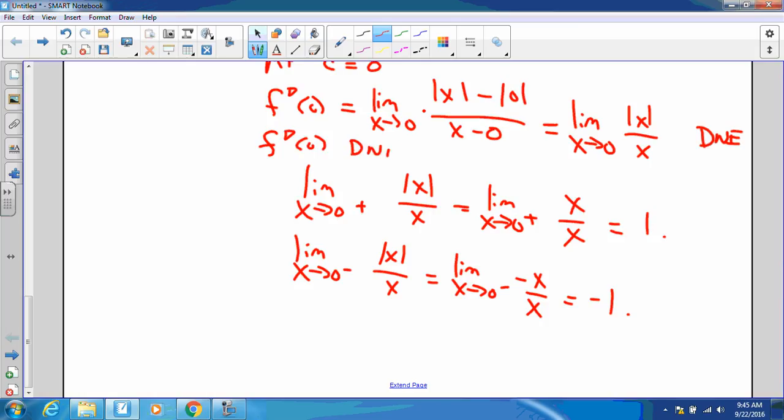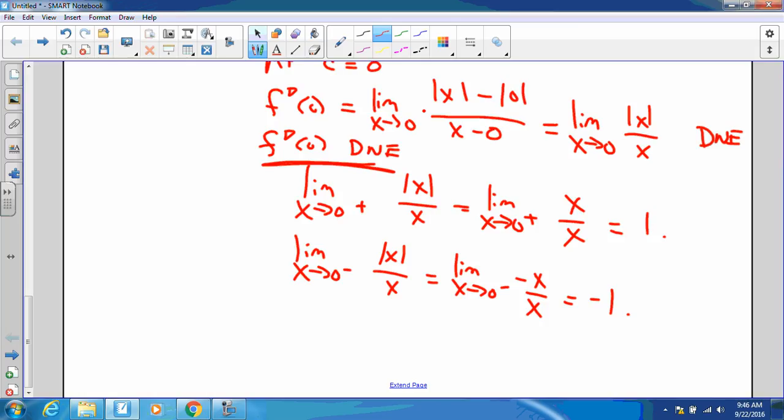We say that f prime of 0 does not exist. However, it is interesting to us that we had a limit from the right and a limit from the left. That told us something.